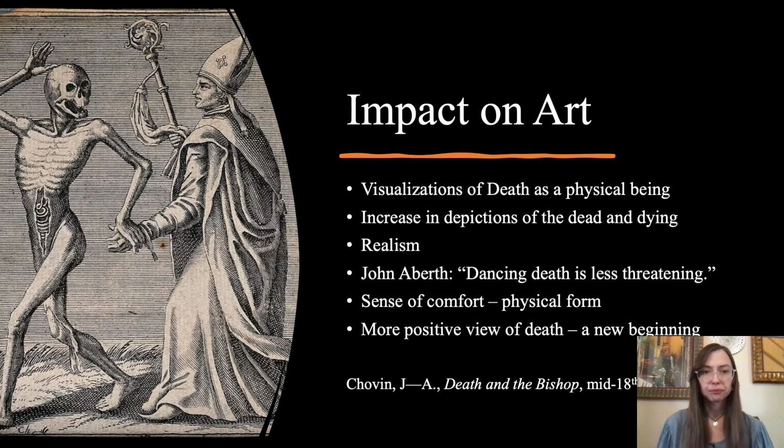There is an increase in depictions of the dead and dying, in addition to an increase in realism, so more realistic portraits of the dead and dying that were not as common prior to this idea of the Dance of Death. And John Aberth says in his book, The Black Death, that a dancing death is less threatening. So this kind of changed the way that people were portraying death in artwork.